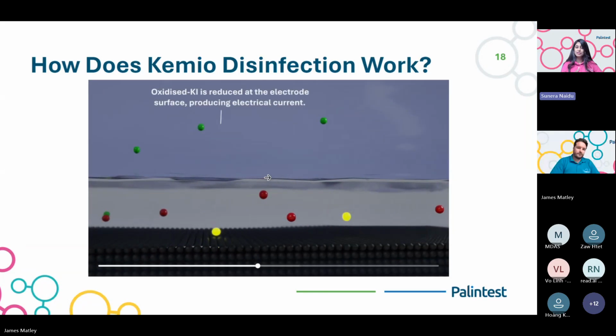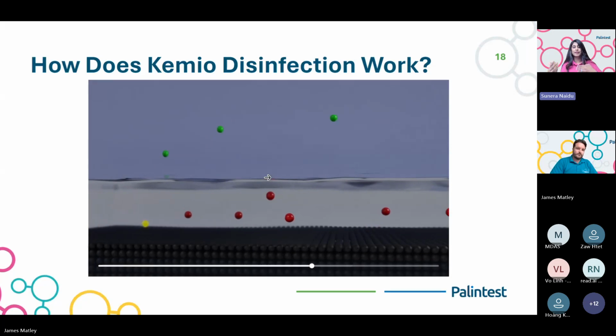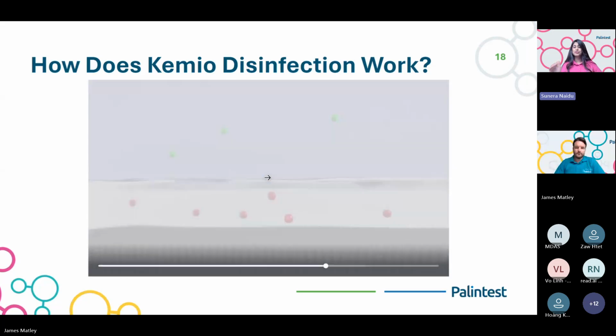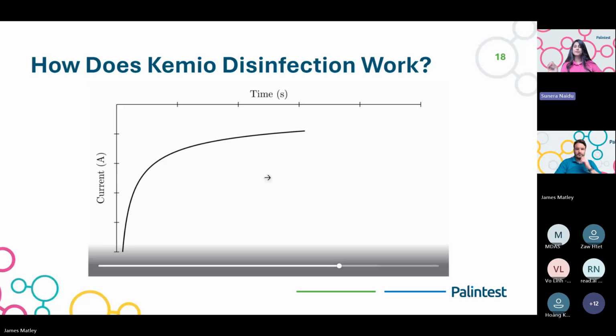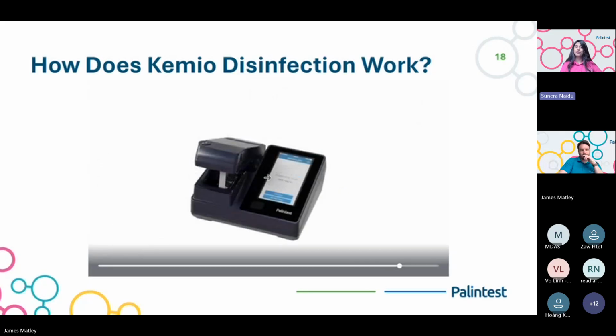It's an oxidation and then a reduction, and that oxidation reduction, or the redox reaction, generates that electrochemical reaction, and that produces a current, and the current is measured on the Chemio, and that current is converted into a concentration. So that's basically the science behind Chemio for the Chemio disinfection, and that's how it works.